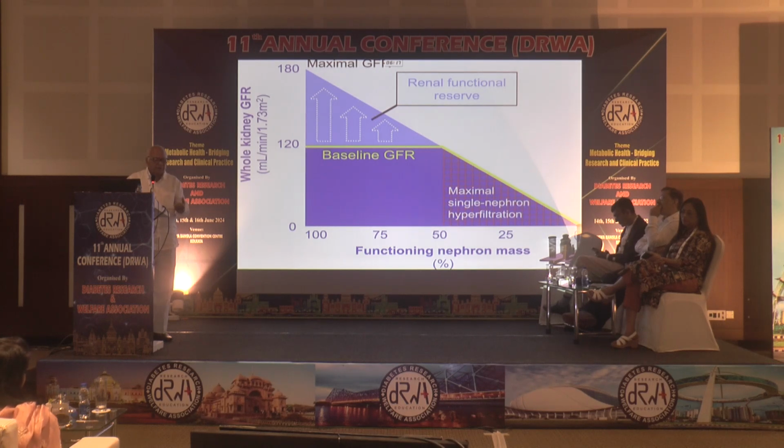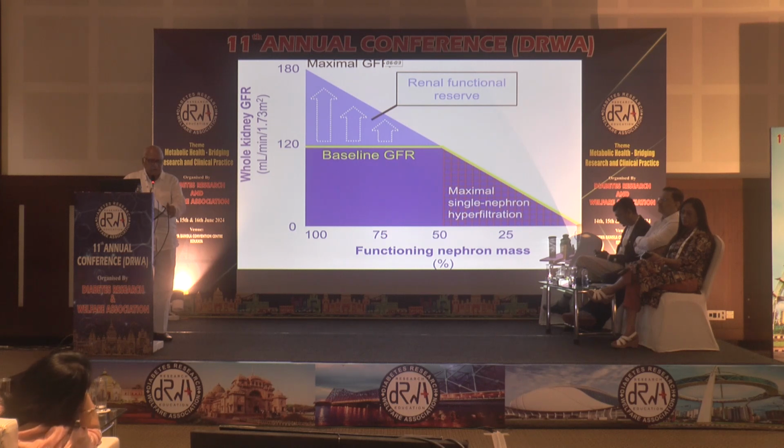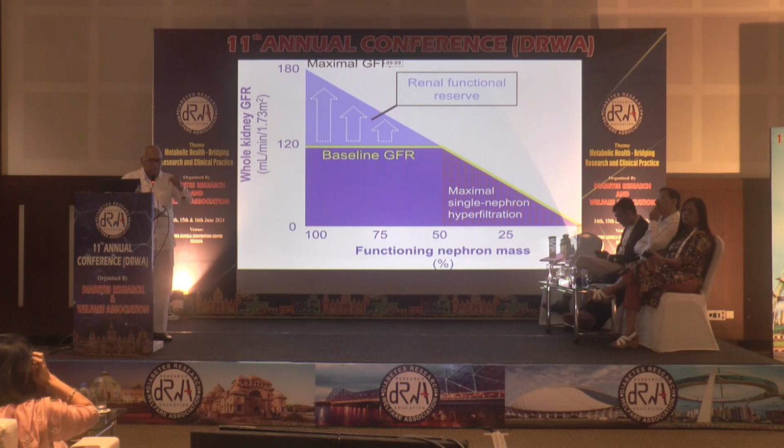So we have a lot of renal functional reserve. That's why serum creatinine would not rise unless 50% of kidney function has been lost. And therefore we now work with eGFR. Even in eGFR, as long as you have 45-50, creatinine would remain stable. The moment you start falling more than that, there's a sharp rise of serum creatinine, 1.8, 2.4.